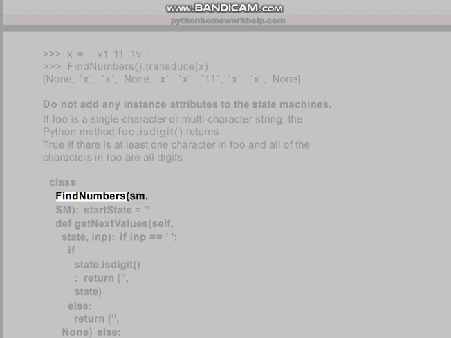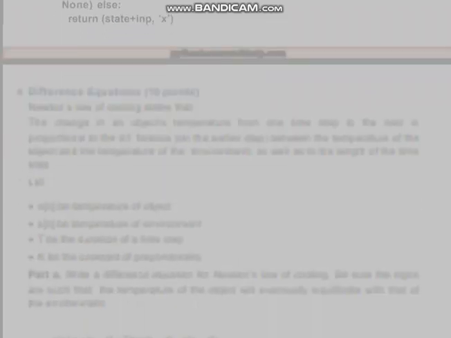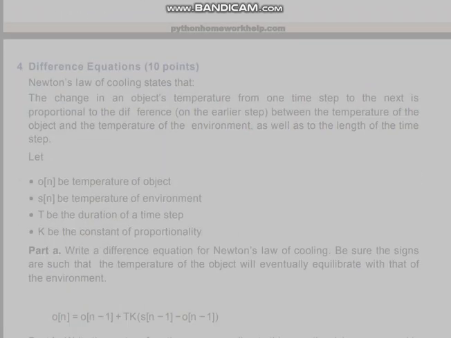Class FindNumbers(sm.SM): start_state = ''. def get_next_values(self, state, inp): if inp == ' ': if state.isdigit(): return state, state; else: return state, None; else: return state + inp, inp.